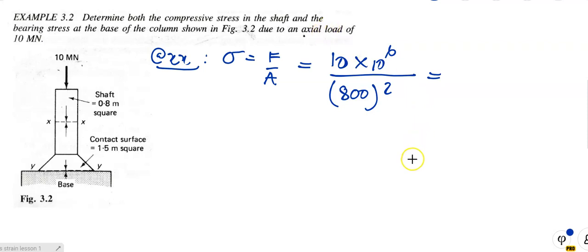Let's do the calculation and check if you get the same answer as I do. And what did you get? I got 15.63. That's a nasty 5 that is. Newtons per millimeter squared.